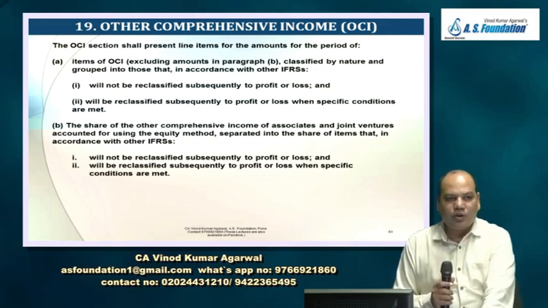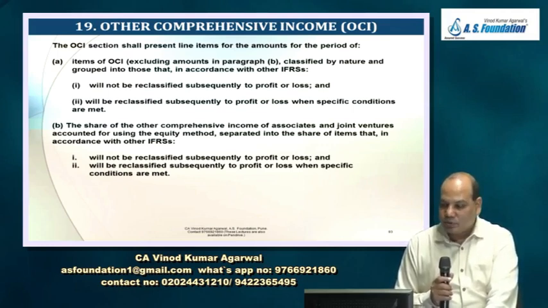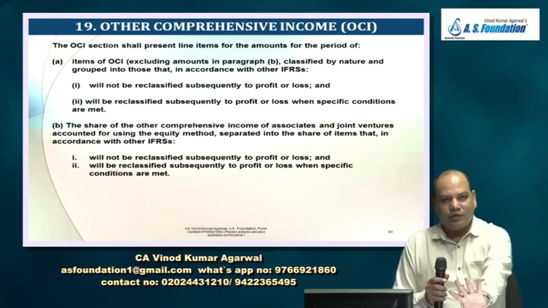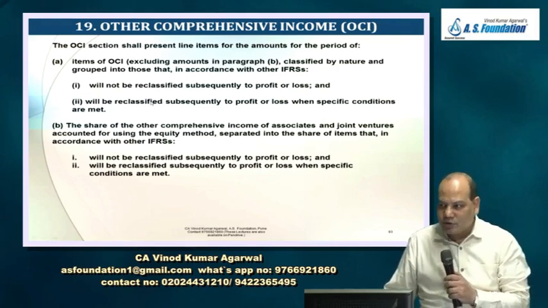Earlier they used to be shown directly in the reserves, in the statement of changes in equity, but now we are presenting them on the face of the total comprehensive income, so that investors get an idea that these are also expense or income. Even the unrealized income or expense is shown separately below, so that you understand these are unrealized. Accordingly you understand the performance and take the judgment.